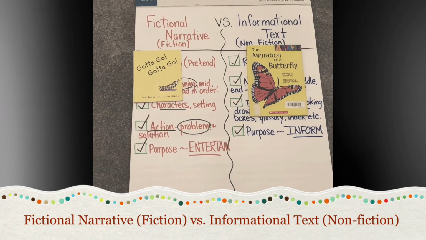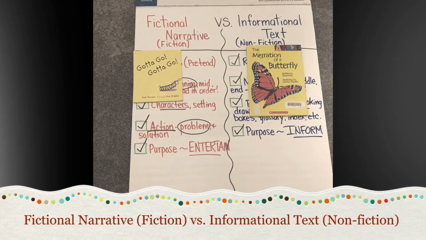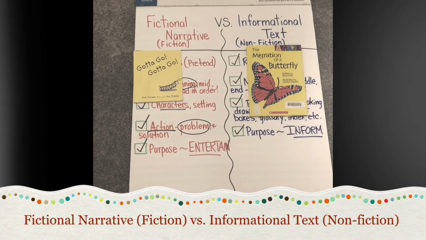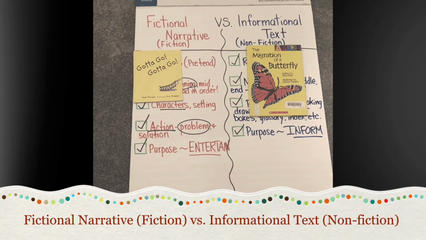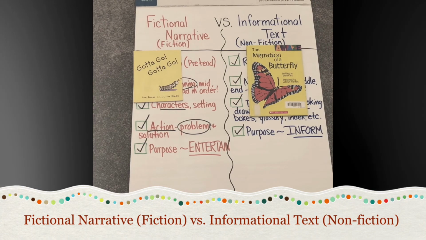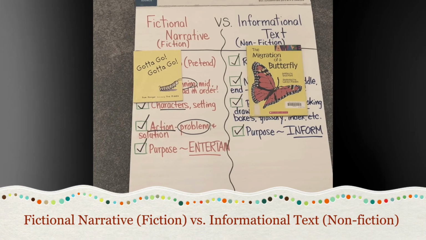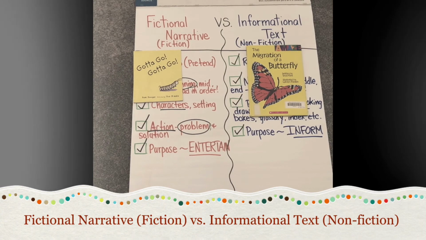Over here on the other side, this book, The Migration of a Butterfly, is an informational text, and the purpose of it is to inform the reader. That book is all about butterflies and why they migrate or go south for the winter. Like I said, boys and girls, it is so important to know the difference between a fictional text and a nonfiction text, so that next time you read an awesome book, you can tell the difference. It's going to help you be a better reader.